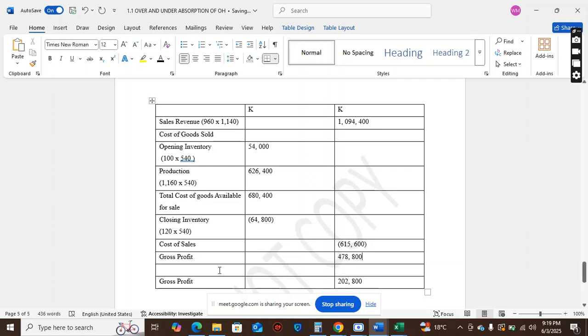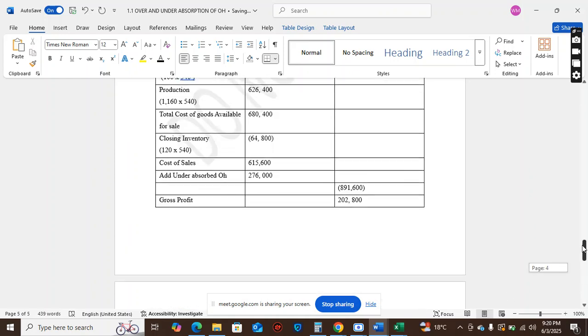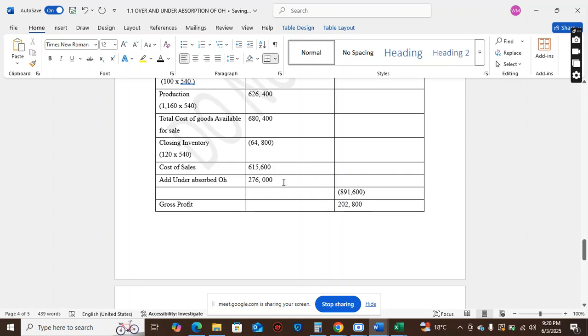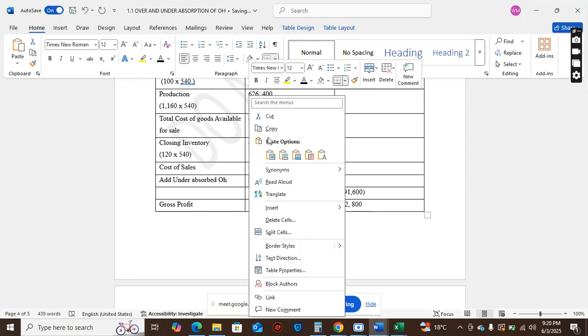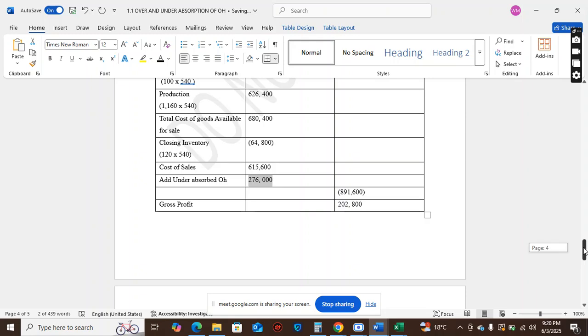Since we've under absorbed, I said our cost of sales is understated and our gross profit is overstated. So we have to say less under absorbed overheads, since our profit is overstated. So 478,800 minus our under absorption, which was 276,000.